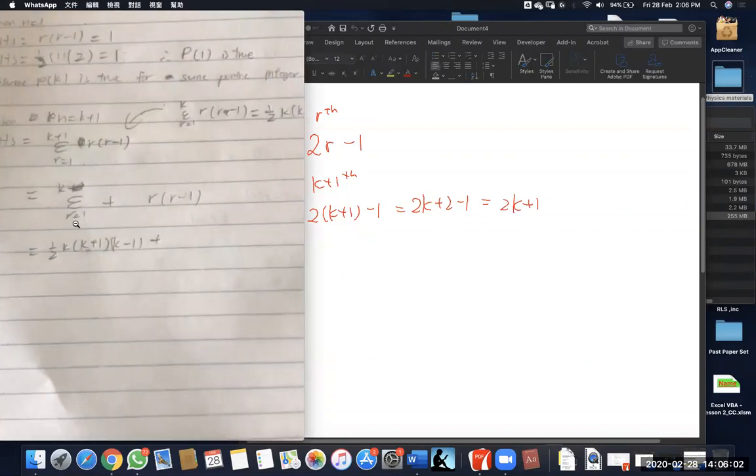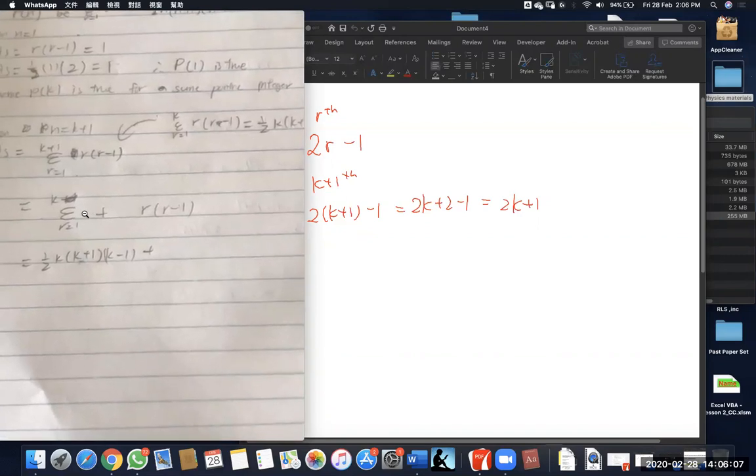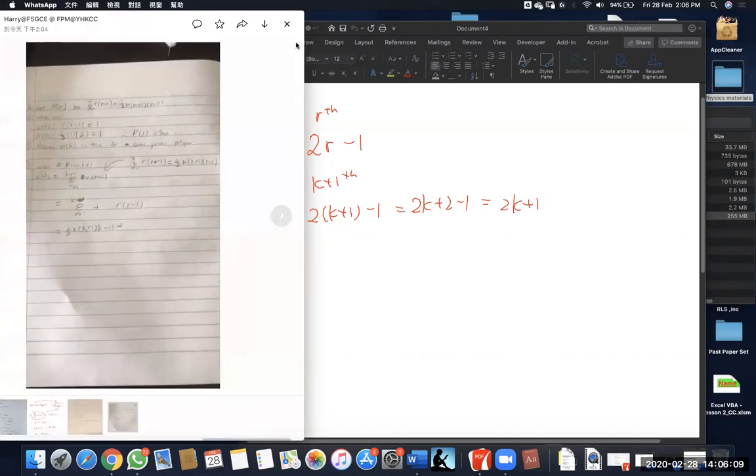And then do it. You can't be lazy, not writing. You should also write down the formula here, okay? Don't be lazy, Harry. This one is the k plus 1 term.